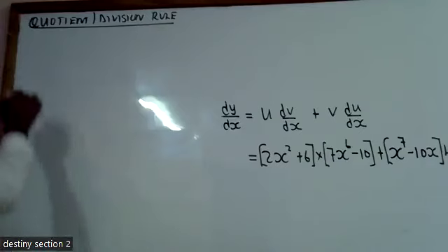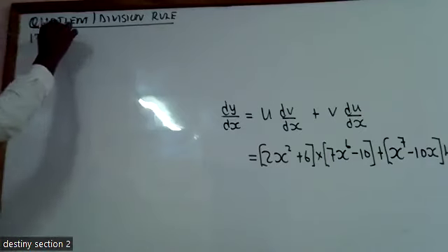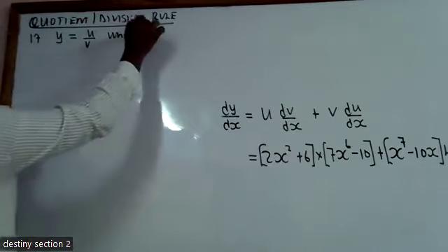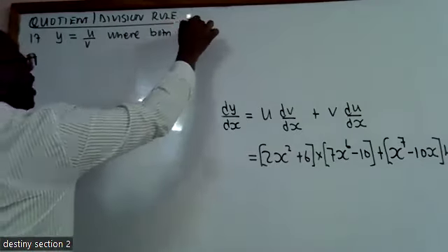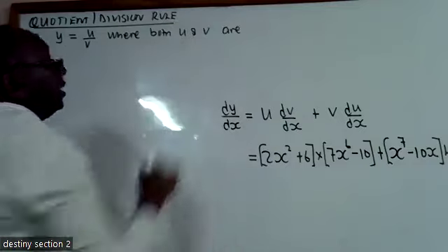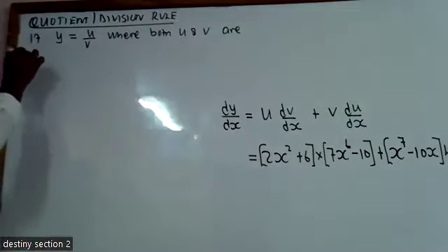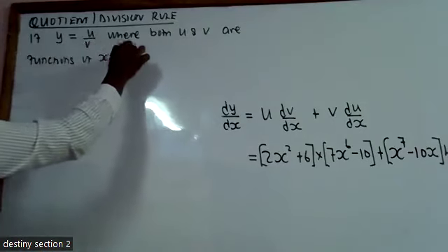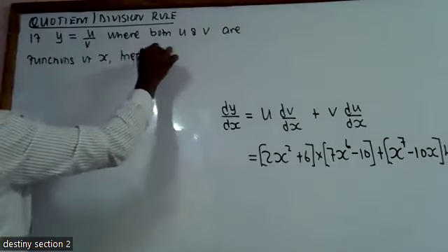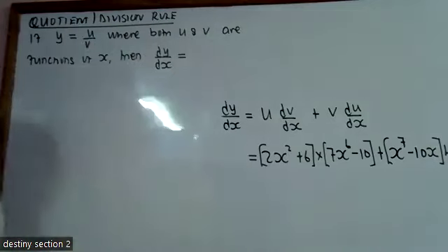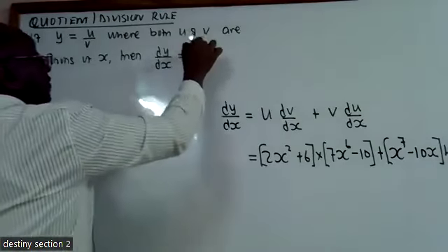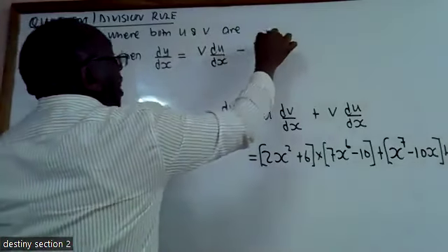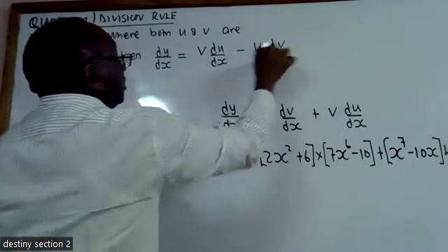So in this one, we normally write like this. If y is equals to u divided by v, where both u and v are functions of x, then dy/dx is given as v du/dx minus u dv/dx.